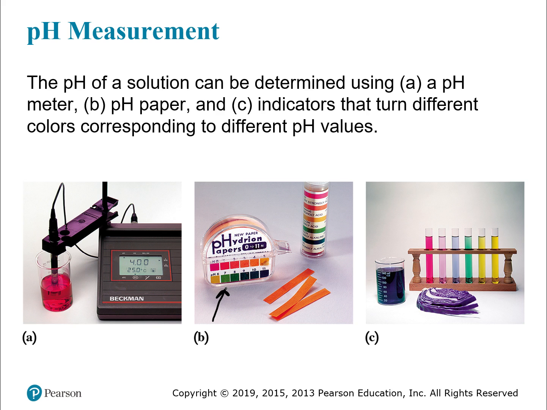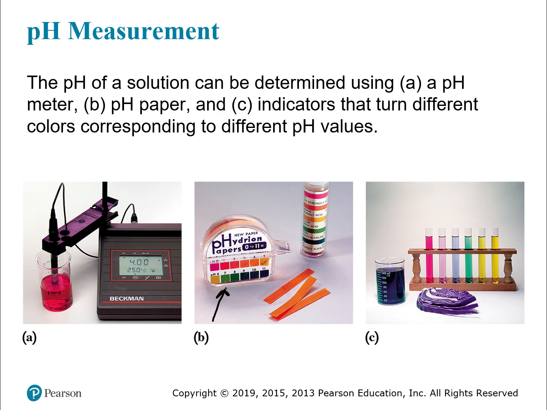Some of them will go all the way up to 14, and you have to turn it over to see the rest of the colors. But just the color that the paper changes to indicates what pH it is. Now, you're not going to know that it's 8.2, but you can say, it's somewhere around pH 8. So sometimes that's all you need.